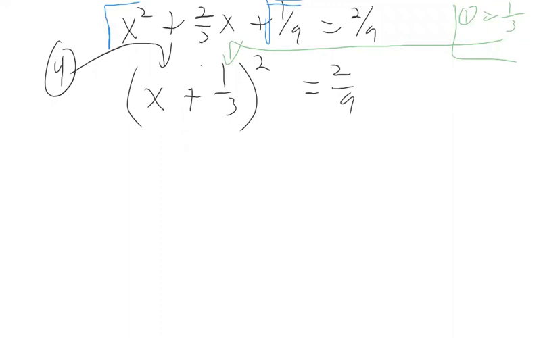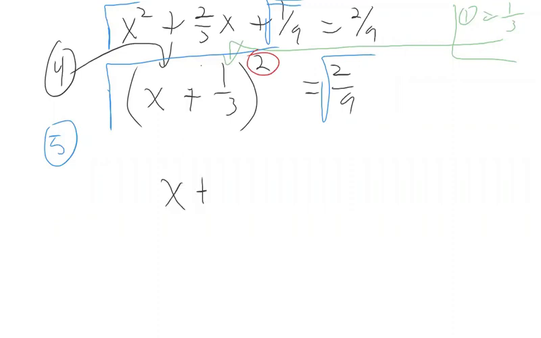Step 5, I'll do in blue so you can see the different colors, is to take the square root of both sides. Well, when I take the square root of the left side, this square root basically cancels him out, and I get x plus 1/3. And then to take the square root of 2/9, I'm just going to leave it as that for a minute, but remember how we started at the beginning of this lesson, I put a plus minus there.